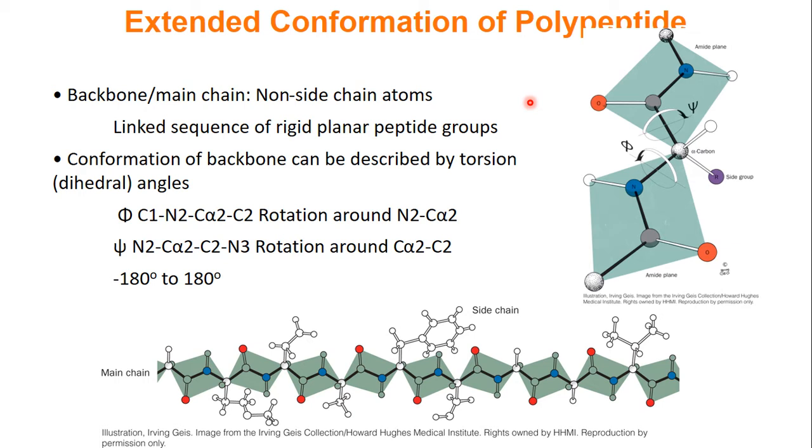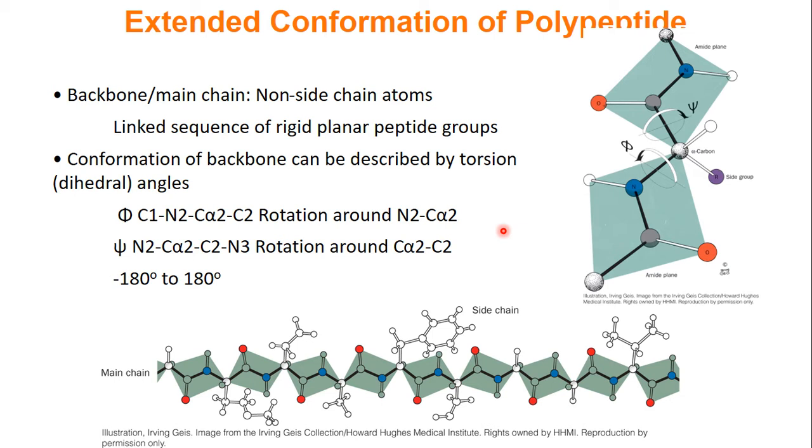Now, when you look at a polypeptide chain, and you want to think about secondary structure, you're mainly looking at the backbone, or what you might also call the main chain. So when people say protein backbone, they're basically saying everything that's not the side chain. And to talk about backbone conformation, we have what are called dihedral or torsion angles.